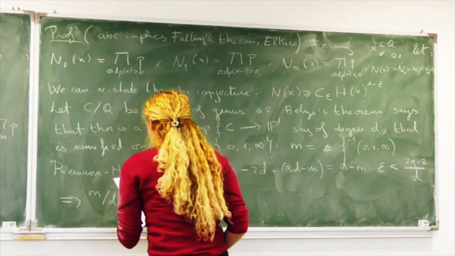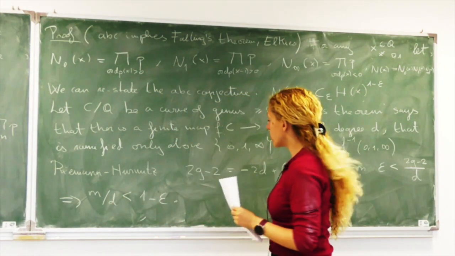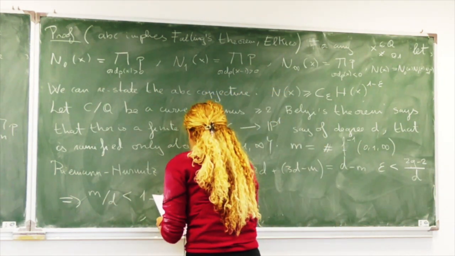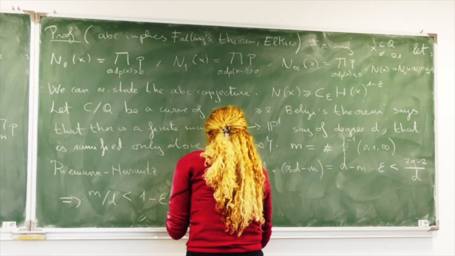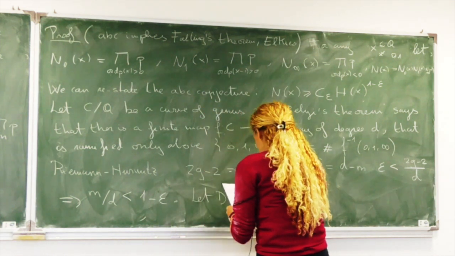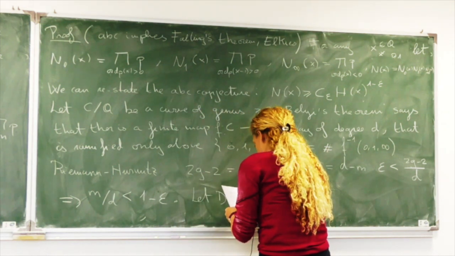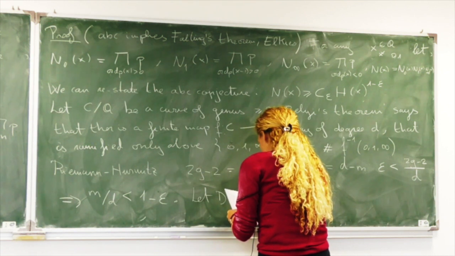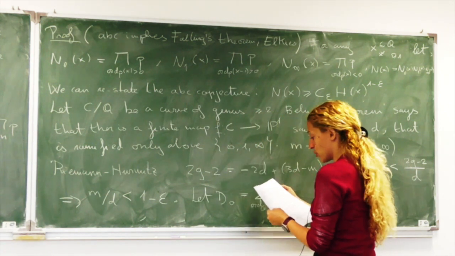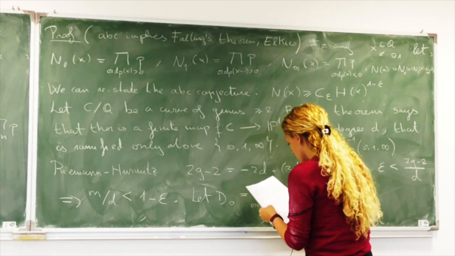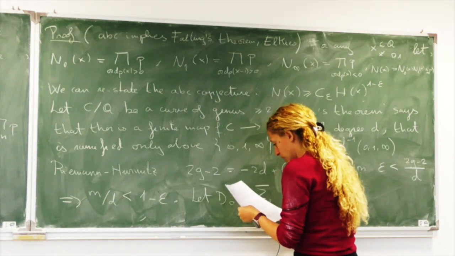So now I need to take some divisors. So let D0 equal to this divisor, basically the zeros associated to f.